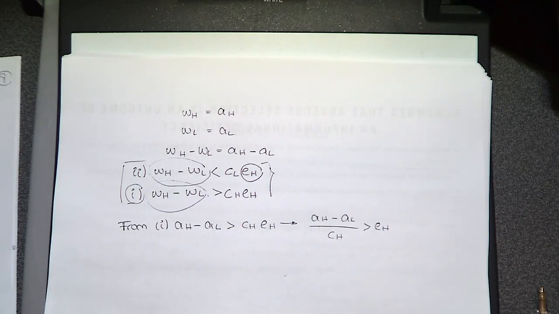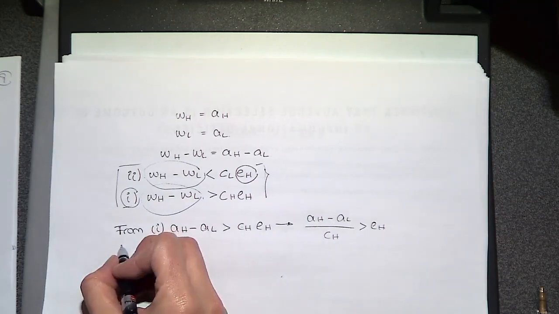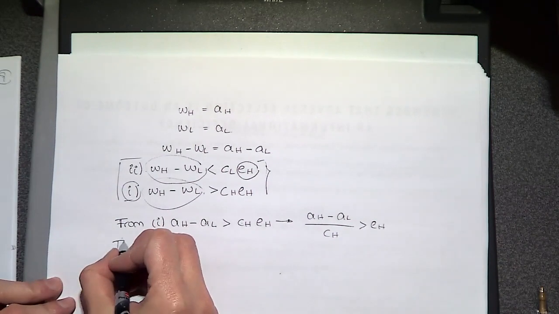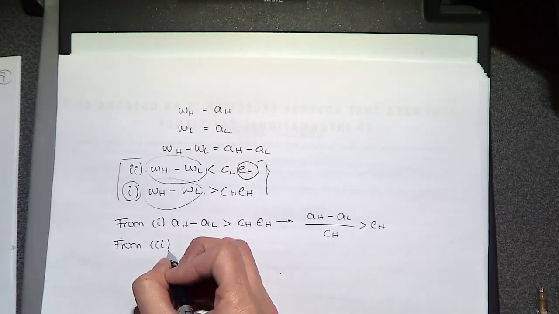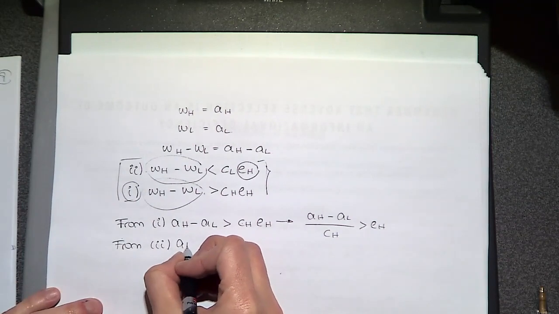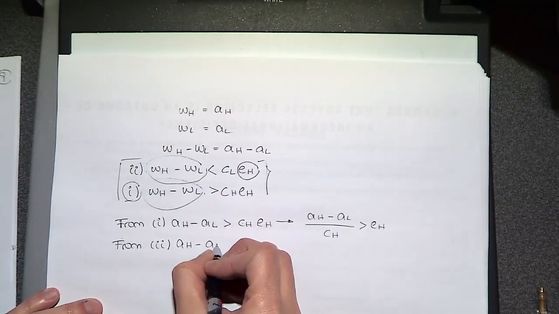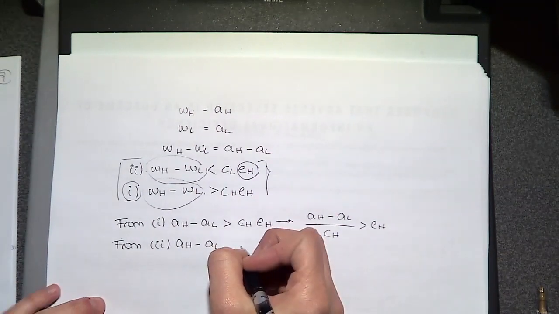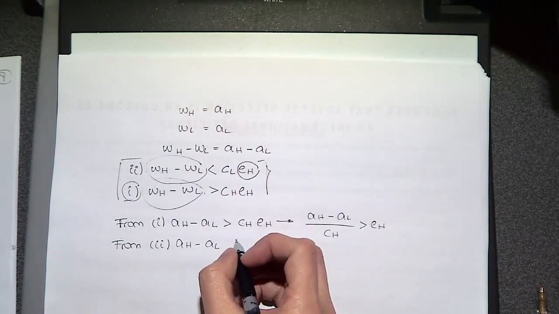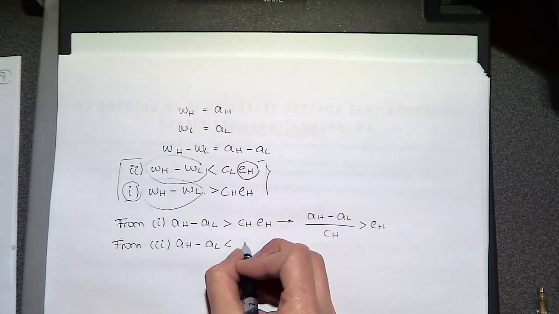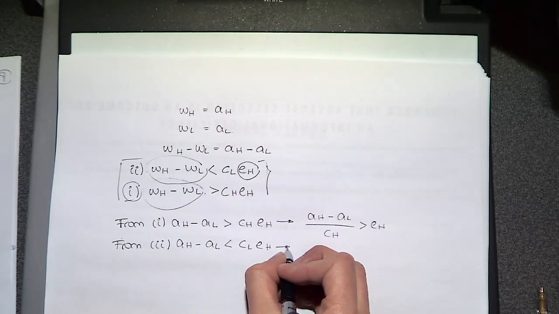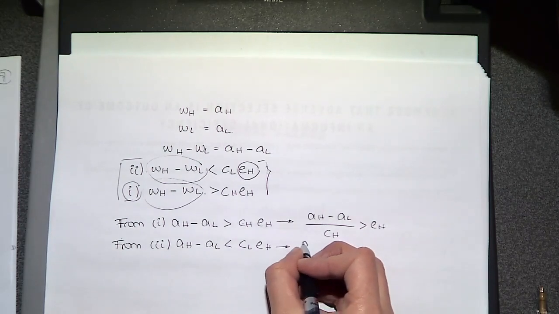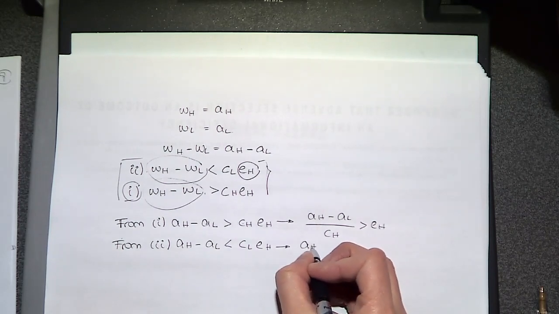And then from the second one, you get the other condition. And again, what I'm doing is just substituting the difference between the salaries by the difference between the marginal productivities of labor. And in this case, well, it's going to be the opposite, right?